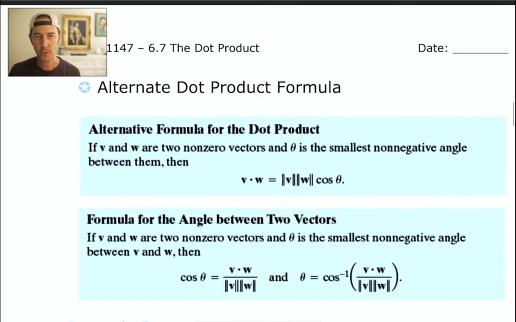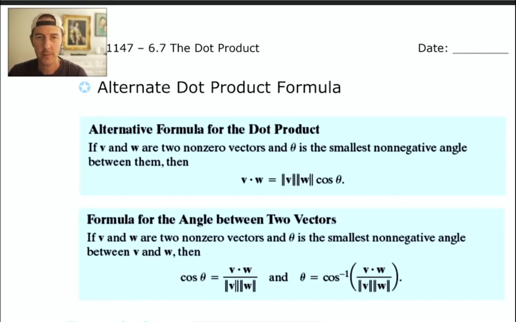Well, we survived pages 1 and 2, and now we're going to sort of mess things up a little bit by giving you an alternative formula for the dot product. Here we see some utility, though, because a theta value comes in. So v·w on the left-hand side of this formula is a number. We've talked about that. We've seen results like 12 and 35.